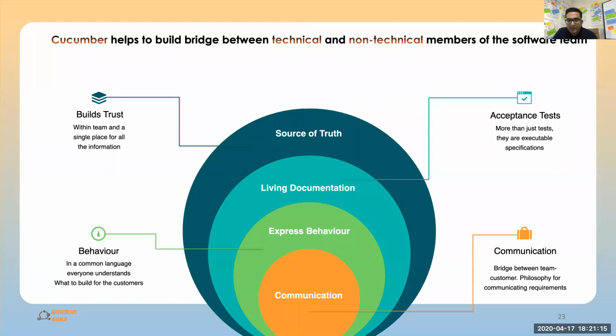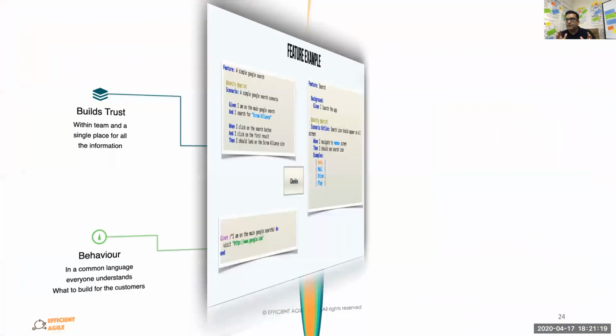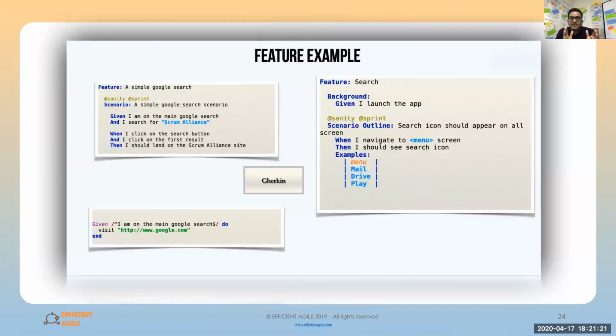I want to give you an example of a feature, a simple example. This is the way you can write your test. A simple scenario like a Google search: given I am on the Google screen. So it's the context you're talking about. And if I'm going to do some sort of action, or when I click, what happens? What's the result?